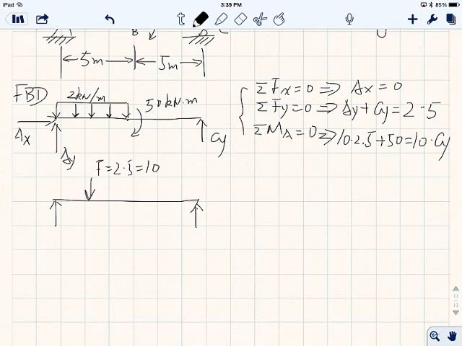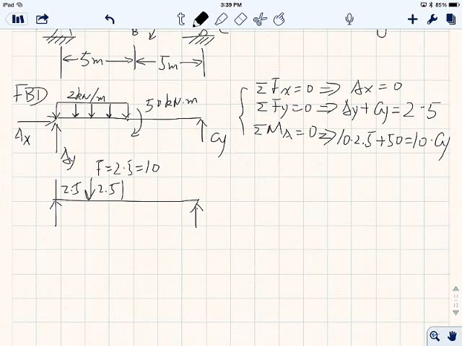And the location is exactly half. That's why the bending moment induced by this distributed load is equal to 10 times 2.5. Otherwise, it's hard to calculate. So you have to transfer this distributed load into a concentrated load, and the location is right in the center because this distributed force is uniform everywhere.